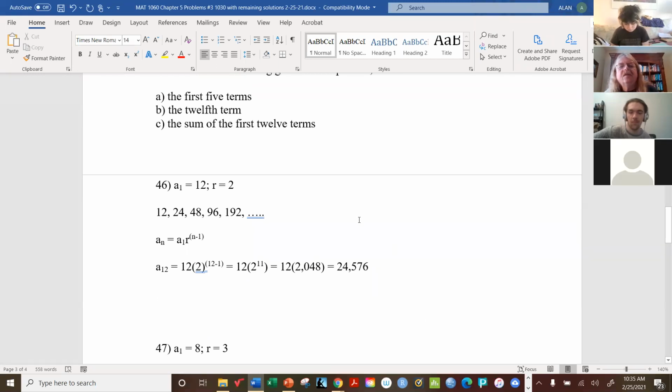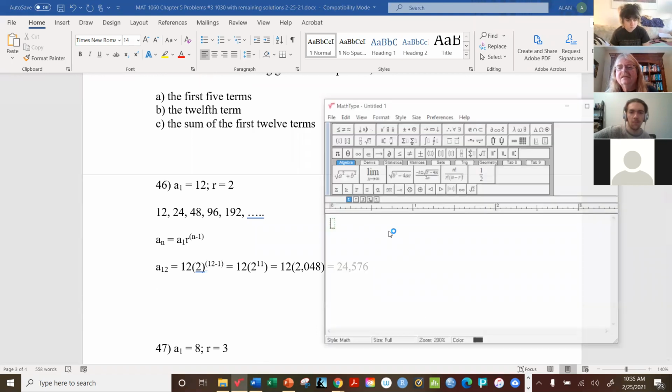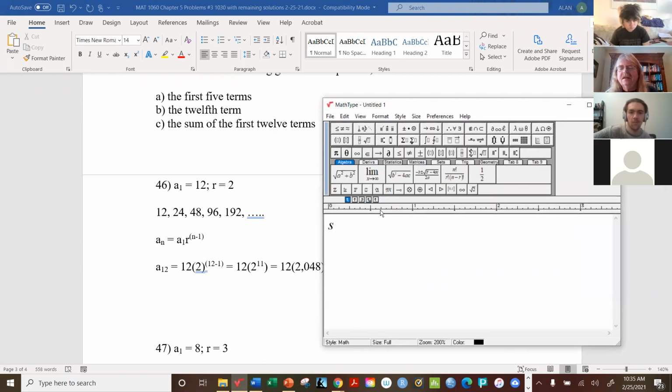Now for the sum formula, let me enter this with the equation editor. And here we go. So S_n equals, whoops, this one has a ratio.